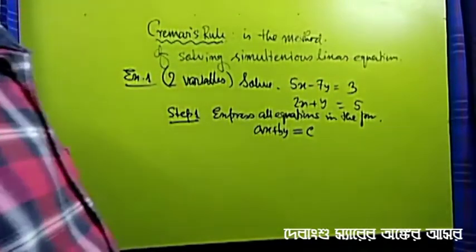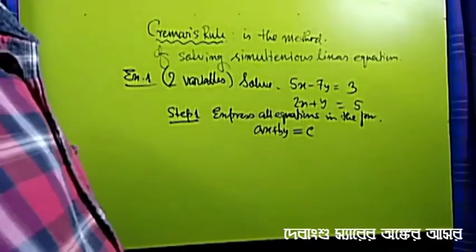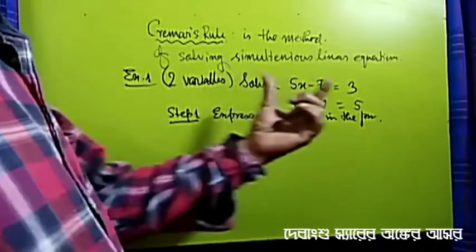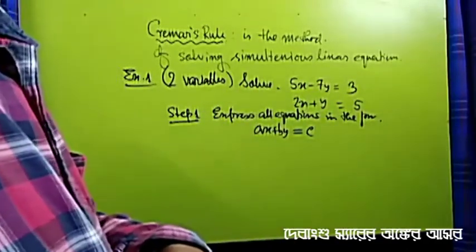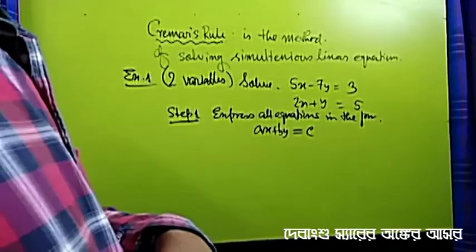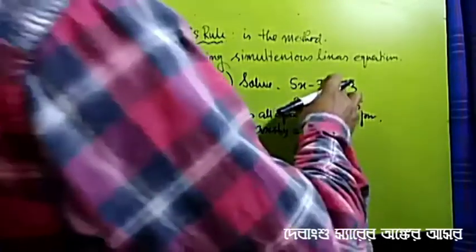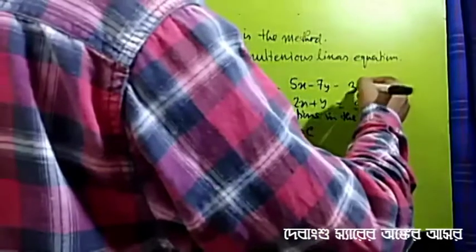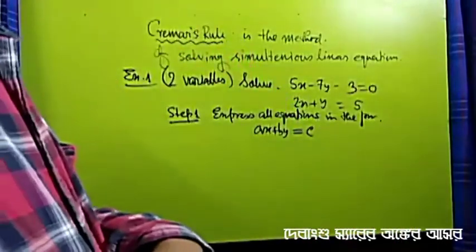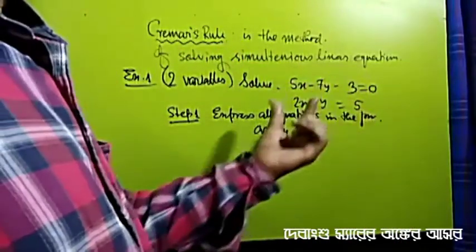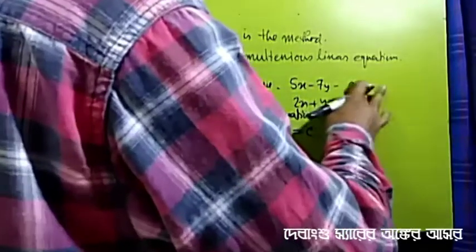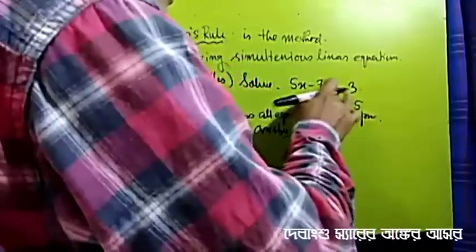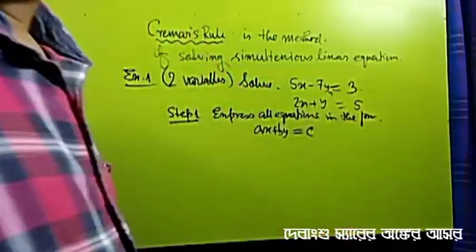My equations are already in this form. In the exam, you may get the equation in a different form. So from there, you have to convert the equation into this form. After that, you have to write it in this form. This is equal to 3.